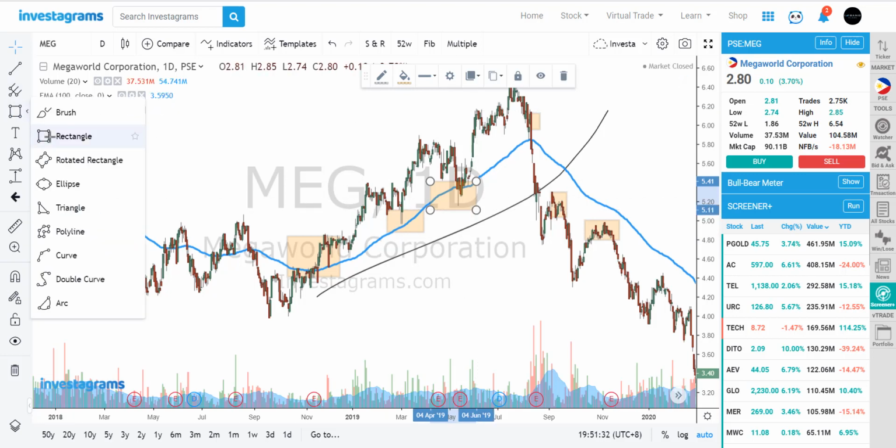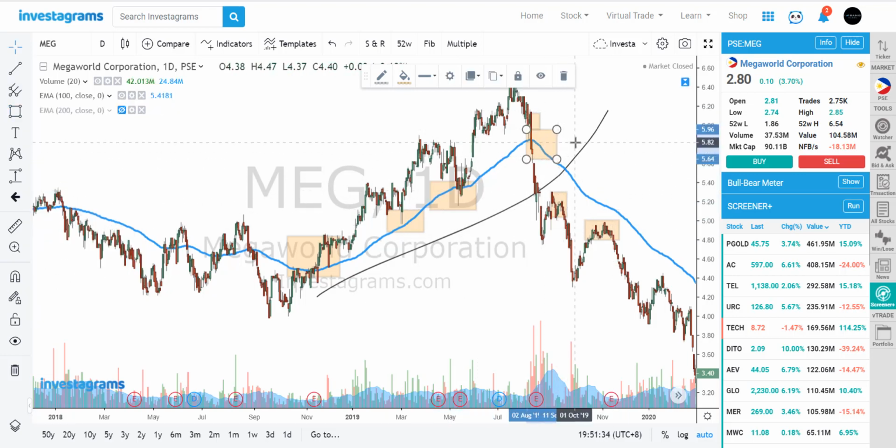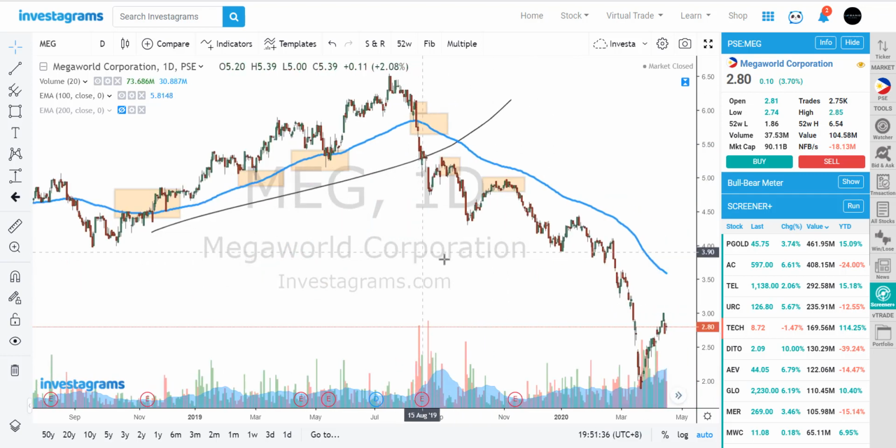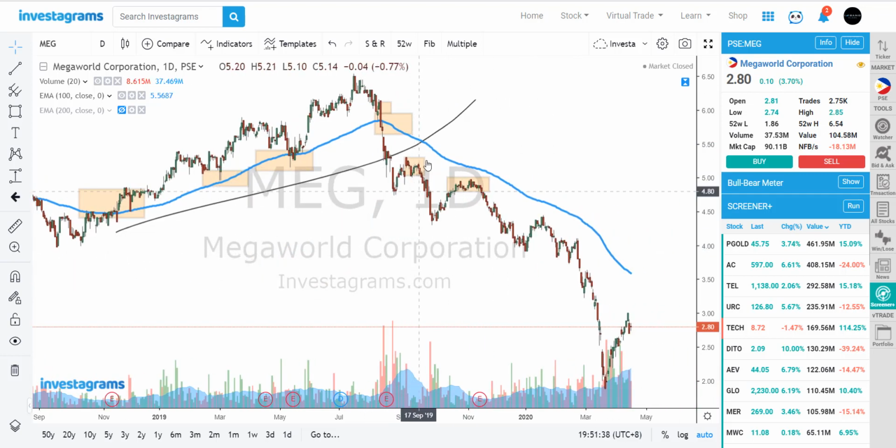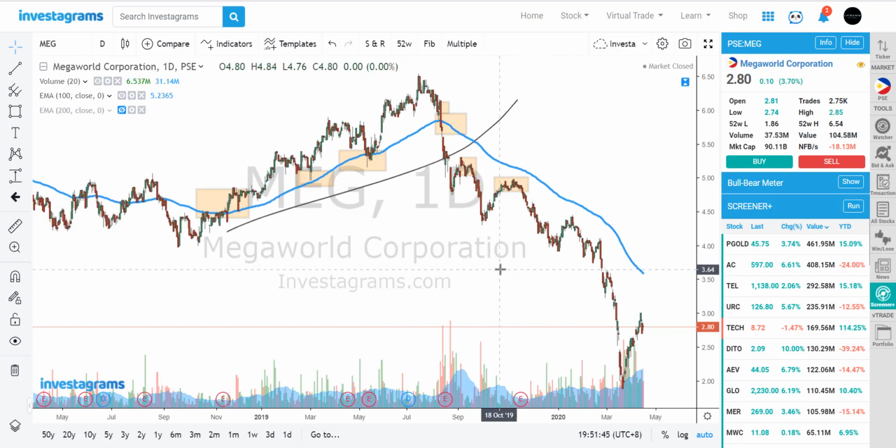And when the stock finally closed below the 100-day EMA, we could see that the trend is starting to shift into a more negative one. So this is a very good warning sign to look out for potential major trend shifts in the stocks that we look at.